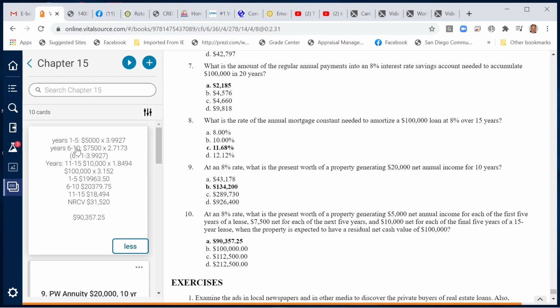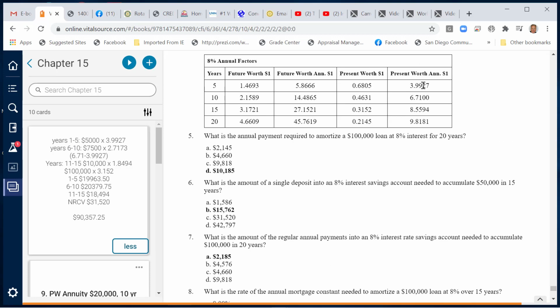The first 5 years, which is the 5,000 times our factor up here. Years 6 through 10 would be this factor, 2.7173, and we get that from subtracting 6.71 and 3.9927 to give us only years 6 through 10.